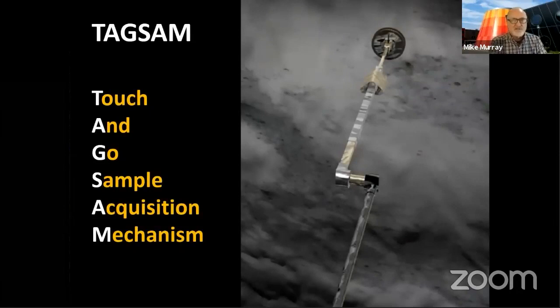Finally here, let's get to this arm that you saw sticking out of the spacecraft. They call it the TAGSAM because the way that they're going to sample the surface is not to actually land and try to scoop anything up like we did in the old days on the moon. It's more like a touch and go system where this disk will actually only touch the surface for about 5 seconds and pull up material inside of it.